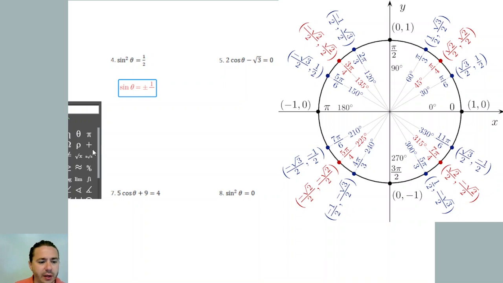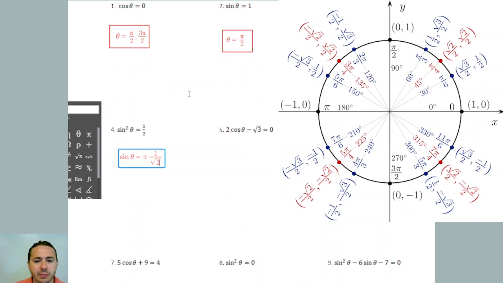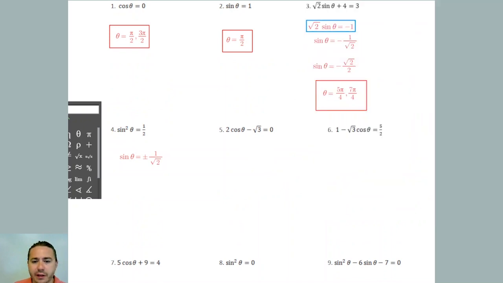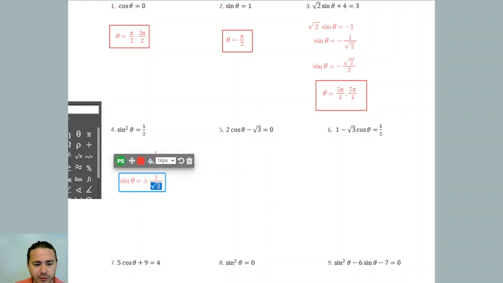And this is going to be something that happens pretty frequently in these problems. When we have this 1 over root 2, after we rationalize it, we get something a little bit more recognizable, which is that root 2 over 2. So what we actually have here is plus or minus root 2 over 2.